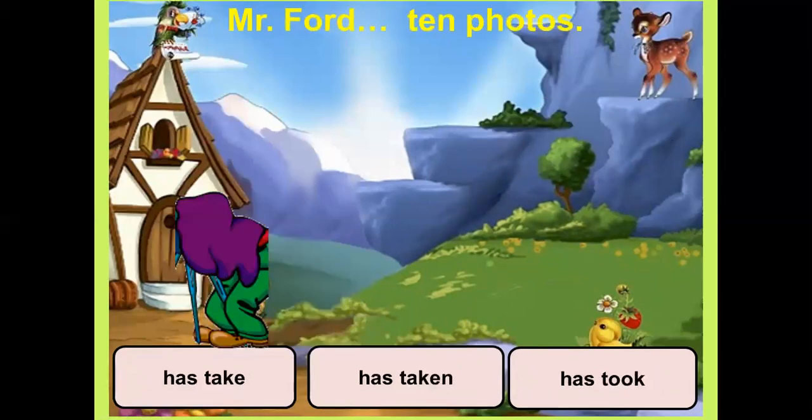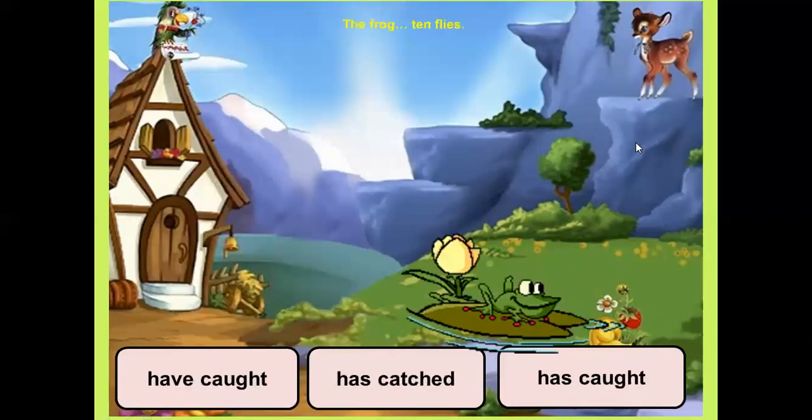Mr. Ford has taken photos. Has taken, has took? It's clear. Of course, you understood now. Has taken. The frog has caught 10 flies. Have caught, has catched, has caught?